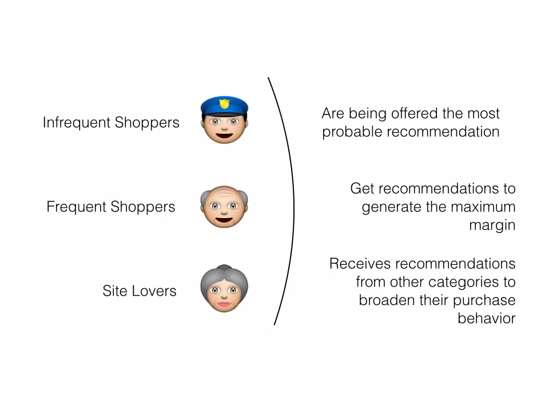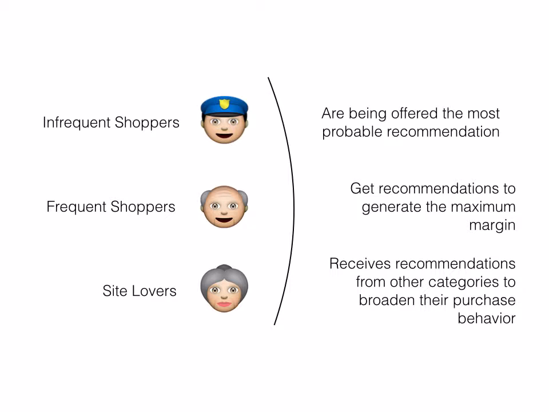With this big data analysis, with these advanced analytics, you can segment between infrequent shoppers, frequent shoppers, or people who just like to visit your website, right? So for infrequent shoppers, you might want to offer them the most probable recommendation that's potentially likely to get them to come into the store again. For frequent shoppers, you want to do something different.